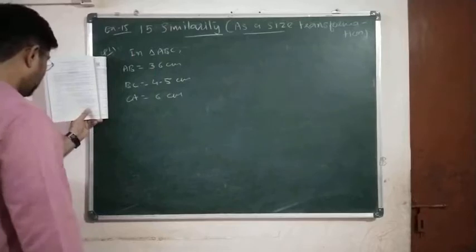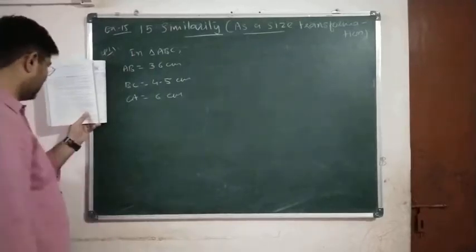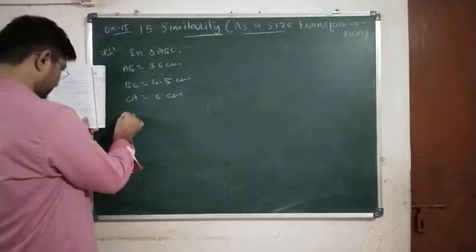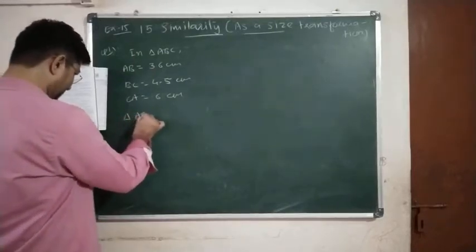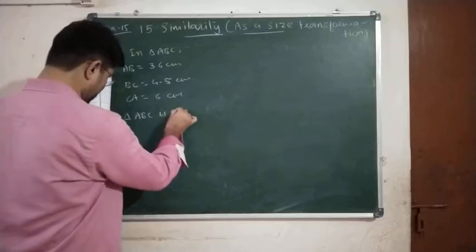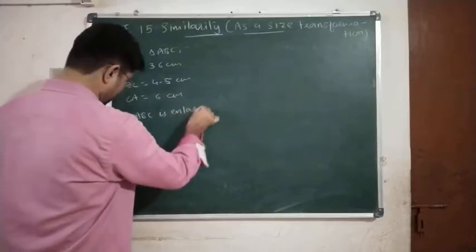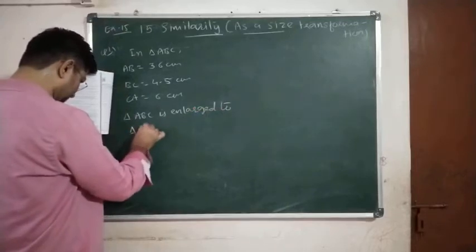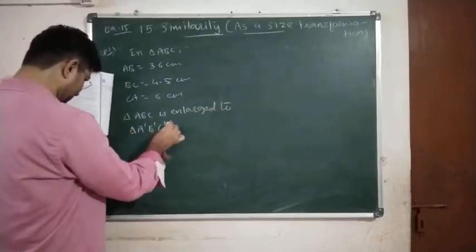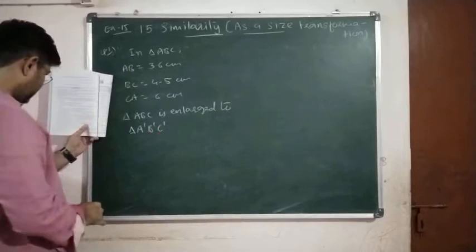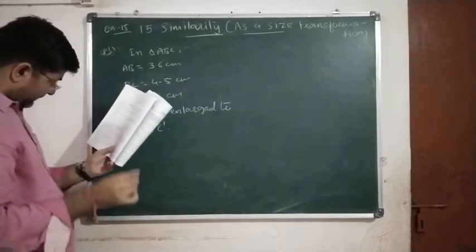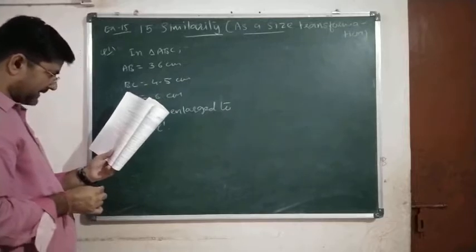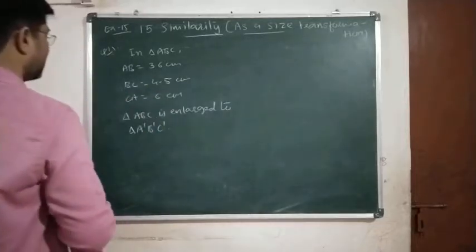Now this figure is enlarged to triangle A'B'C'. Further it is given that the largest side of the enlarged triangle is 10 centimeter.